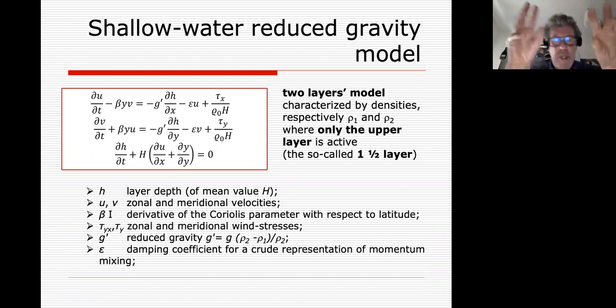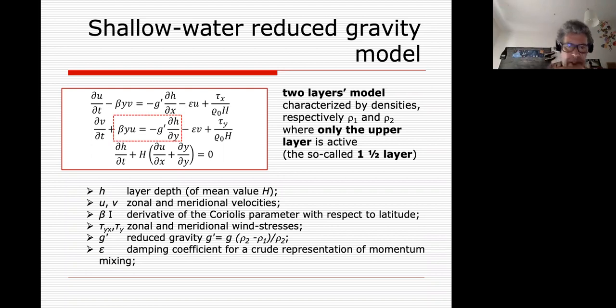So you have a very simplified set of equations that, moreover, is simplified by assuming for the zonal part the geostrophic balance. So the pressure gradient is counterbalanced by the Coriolis term.